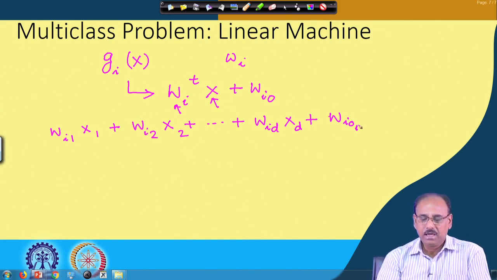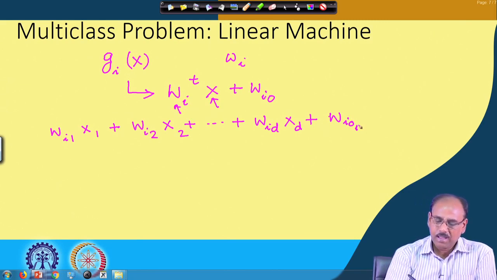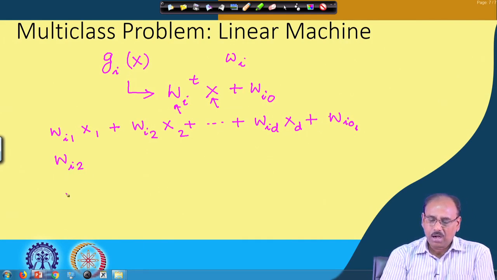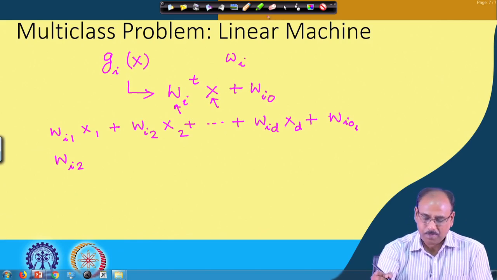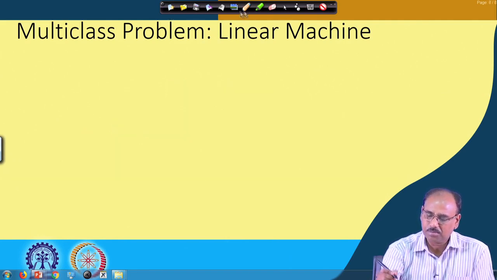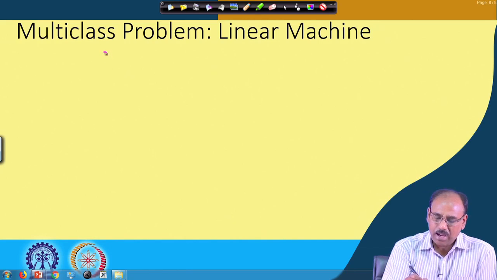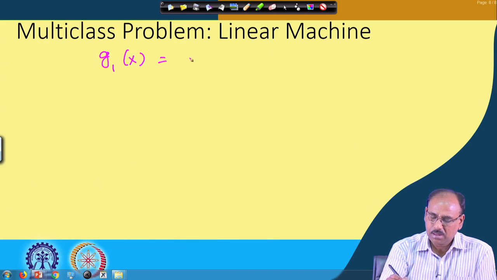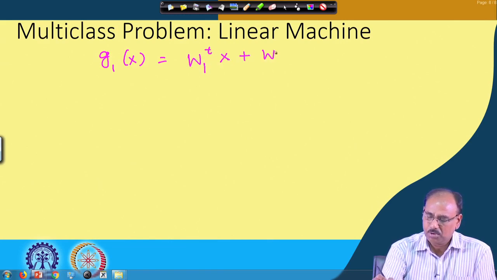So, this is my g1(x) for category omega 1. Similarly for category 2, g2(x) will be, sorry, I am taking i equal to 1, so this expression will be different. Let me put it like this. I want to find g1(x), which is nothing but w1 transpose x plus w1 naught.